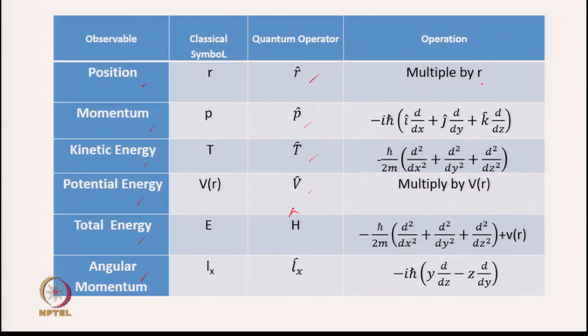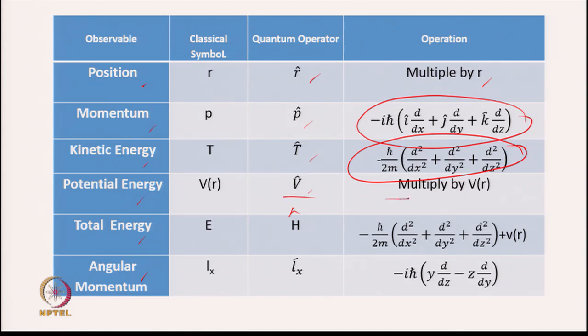The position operator is simply multiplication by r. The potential energy operator multiplies the function by V of r, and the Hamiltonian operator is the sum of the kinetic energy operator plus the potential energy operator.